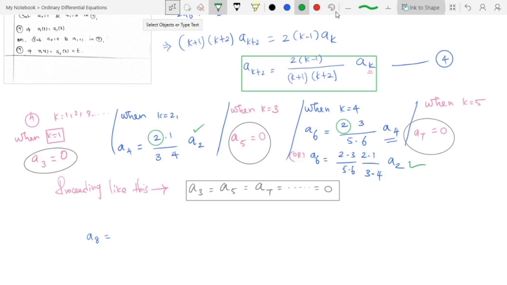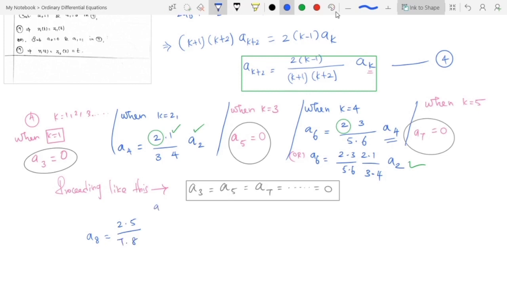Definitely the numerator of a8 will be 2 into something. The something is a sequence of odd numbers 1, 3, automatically here 5. So we can write a8 as 2 into 5 by 3, 4, 5, 6, definitely here 7, 8.